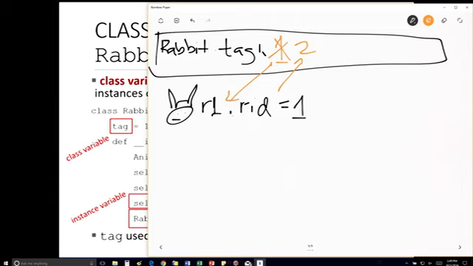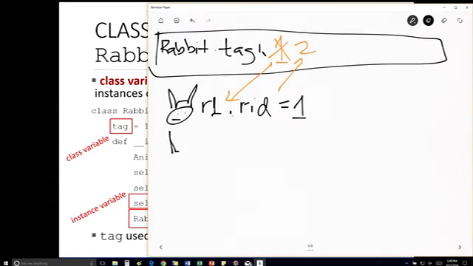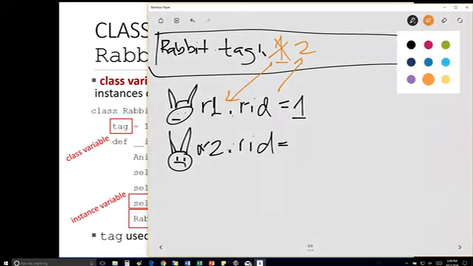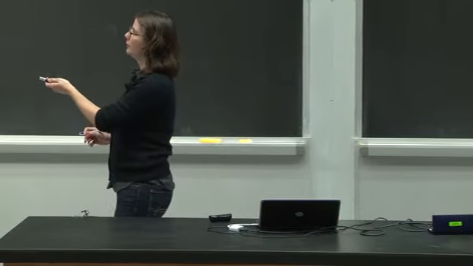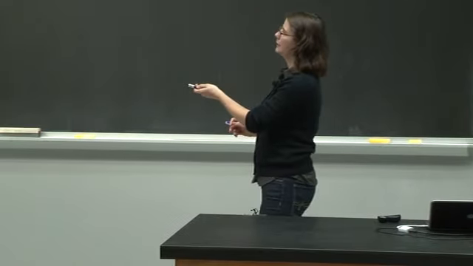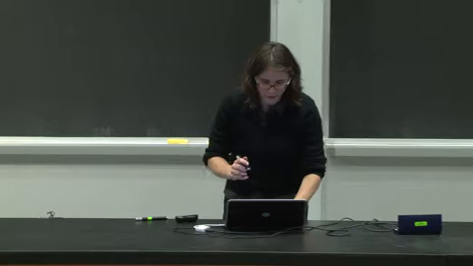Let's say I create another rabbit object. There, that's a sad rabbit. r2. The ID of r2 is going to be what? Well, according to the way we create a new rabbit object, it's going to access whatever the value of tag is, which is a class variable.